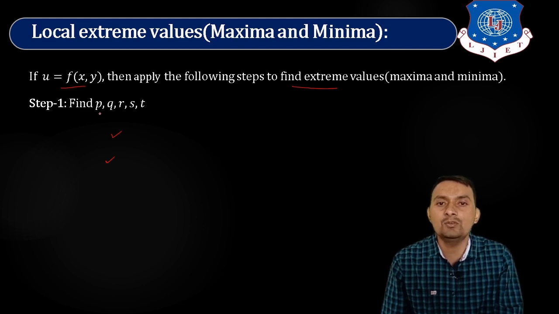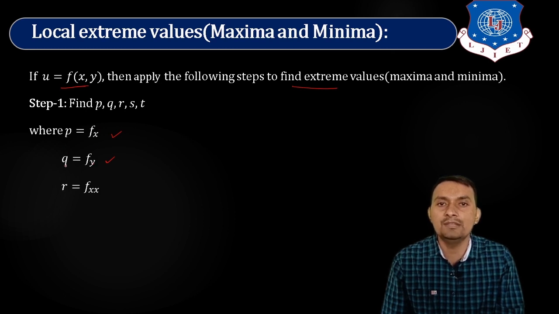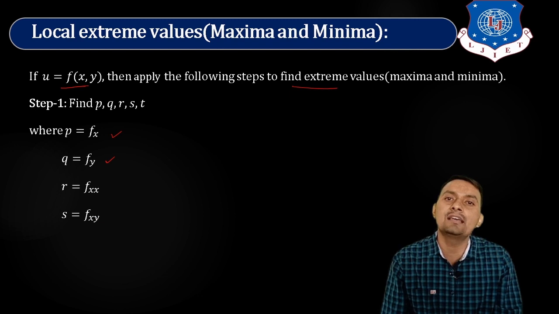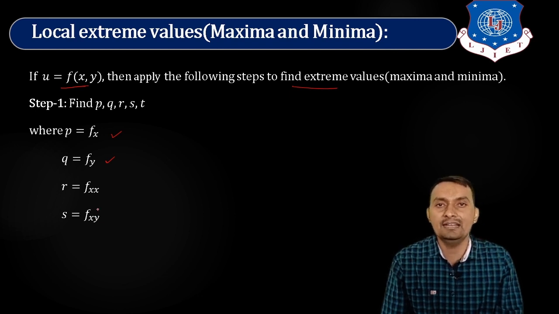For that we need to consider p, q, r, s, t. p is the partial derivative of the given function with respect to x, q is the partial derivative with respect to y, r is the second partial derivative of f with respect to x twice, and s is the partial derivative of f with respect to x and y. You may consider either order, and it will be the same. And t is the partial derivative of f with respect to y twice.